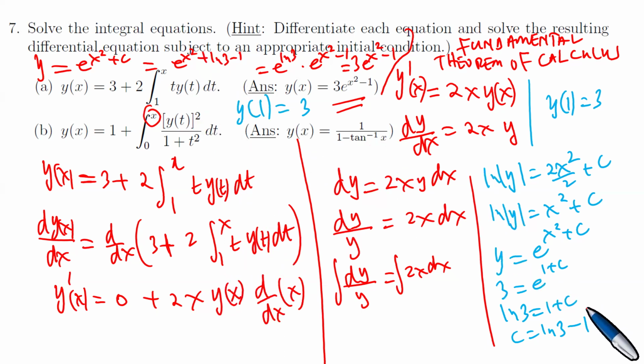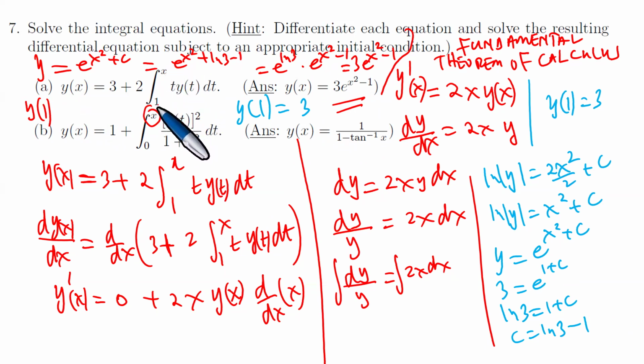Yes, please. May I ask where did you get 3? Yes, because you need to use an appropriate initial condition. It did not give you an initial condition like y of 1 equals a number, but you can see that this integral is from 1 to x. So if you make x 1, wherever there is x, you put 1. This integral is going to be from 1 to 1.